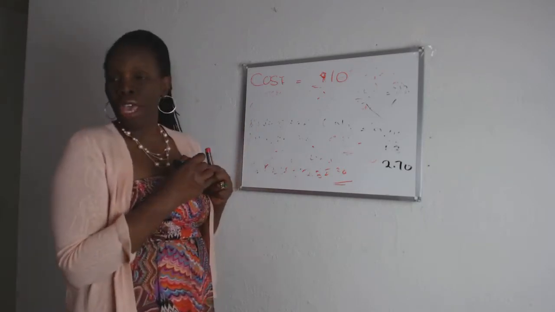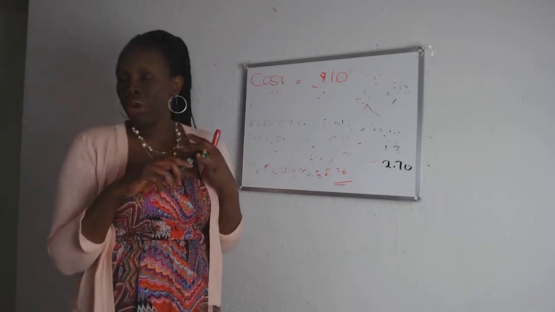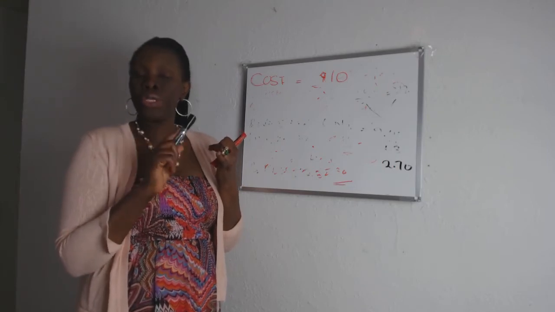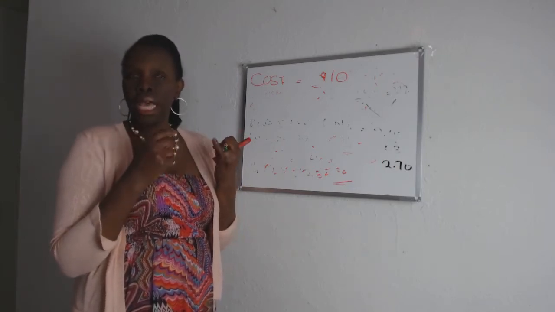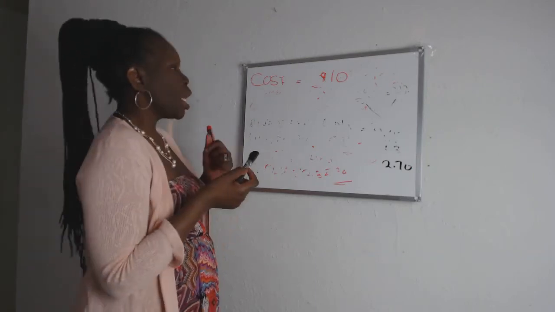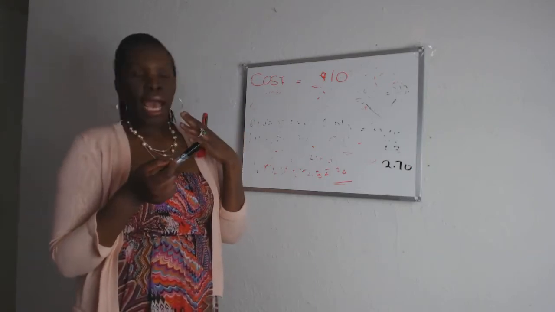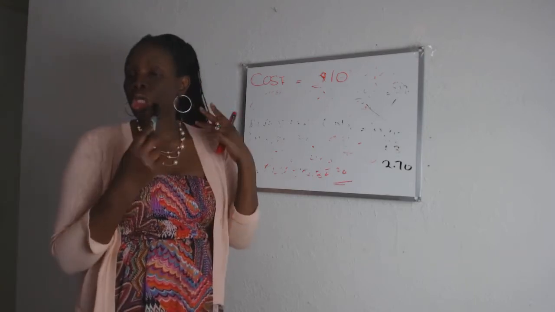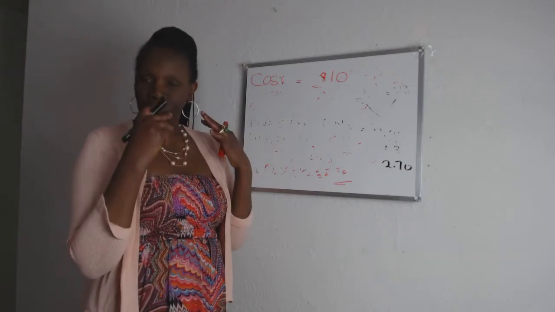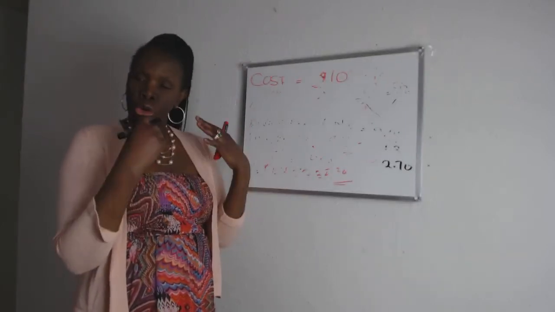What you need to know about the way I run my store is I'm always running a sale, and the sales that I run are between 30 and 45%. So in my mind, I will say, okay, how much do I really want this pair of shoes to go for at the end?